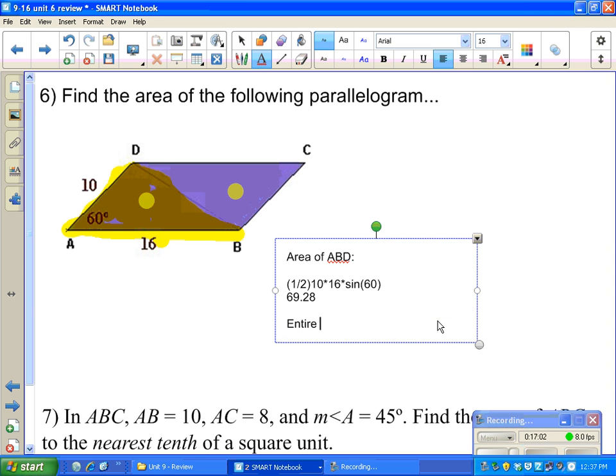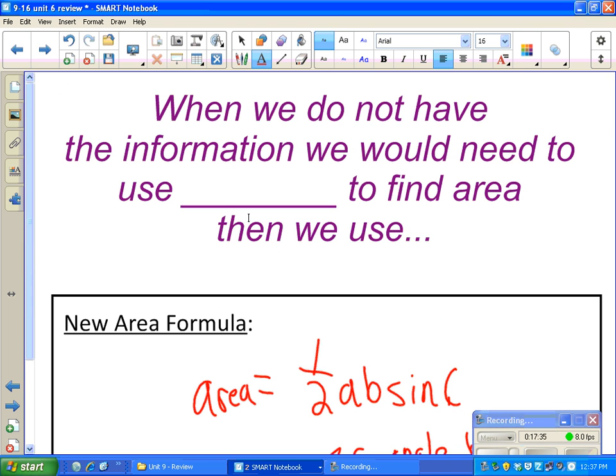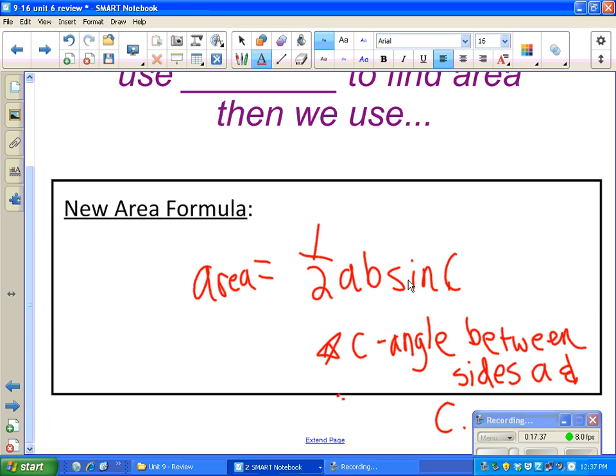So the entire area of ABCD is going to equal 69.28 times 2, which equals 138.56 units squared. Okay? And that's really it. Just to reiterate, I'm going to go back to that slide again. Area is 1/2 AB times the sine of C. Just remember, right in there is multiplication.